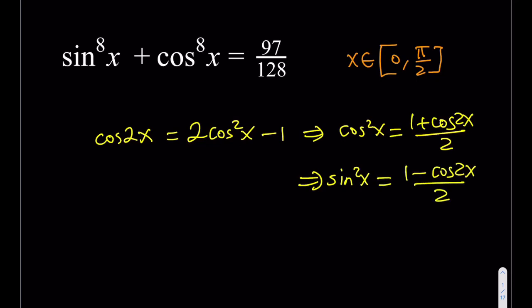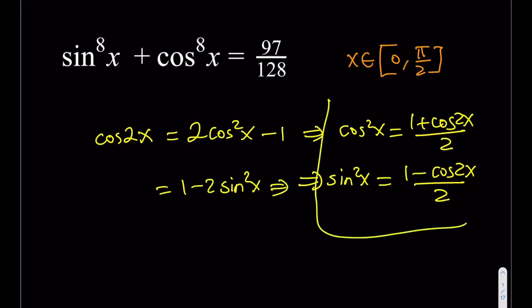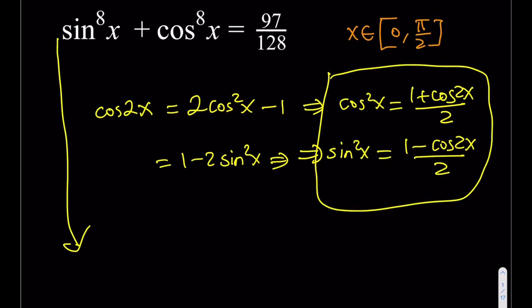And you know that it came from the fact that cosine 2x is also equal to 1 minus 2 sine squared x. That's where that comes from. Awesome. Now, I'm going to use these formulas, but first, I have to manipulate my equation. How do I do that? I'm going to write this equation as sine squared x to the 4th power plus cosine squared x to the 4th power.